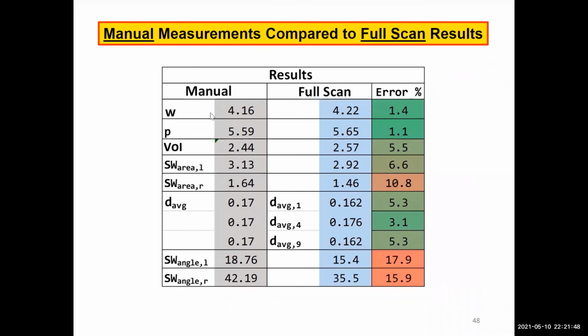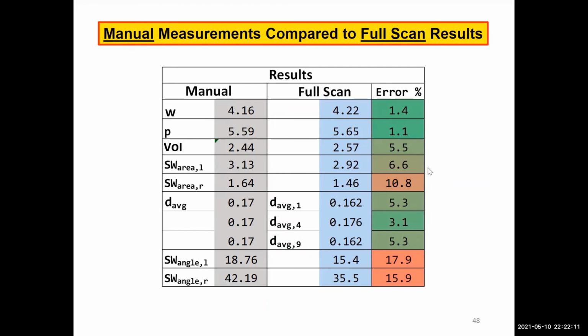This is a comparison of the manual measurements to the full scan results. And on the left column here, you see the manual measurements of width, pitch, volume, and so on, depth. The width and pitch are subject to very small uncertainty or error, on the order of 1 to 2%.